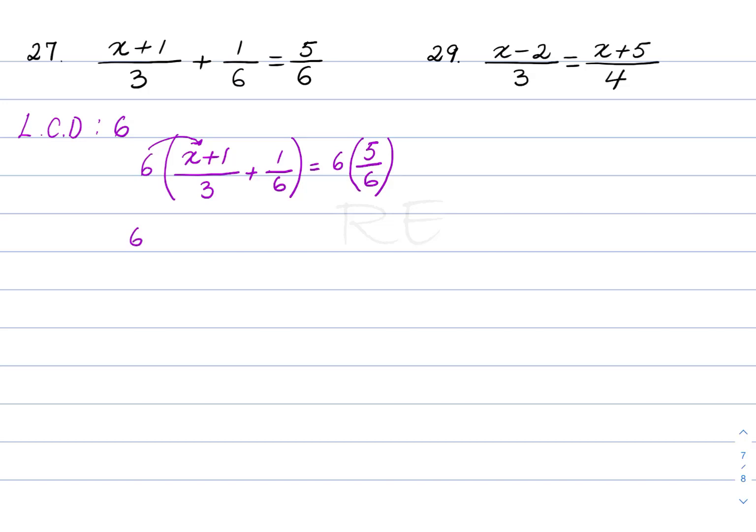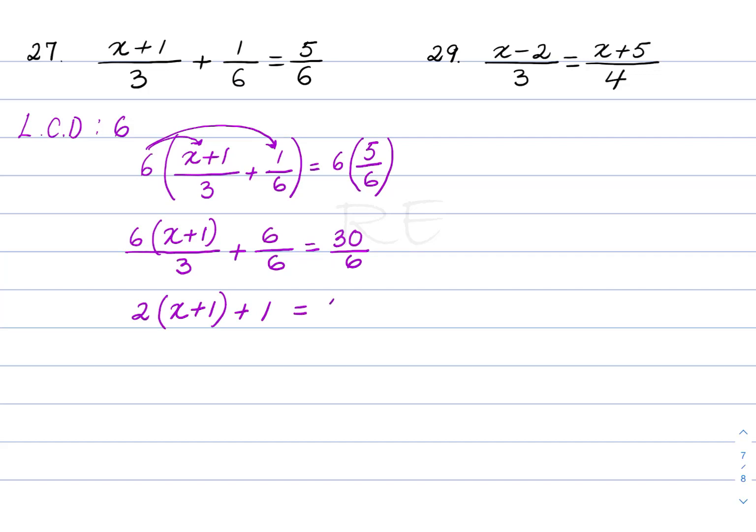When we distribute, we're going to have 6 times x plus 1 divided by 3, plus 6 times 1 over 6, 6 over 6. It's equal to 6 times 5, which is 30 over 6. 6 divided by 3 is 2. Therefore, 2 times x plus 1 is equal to 1. And 30 divided by 6 is 5.